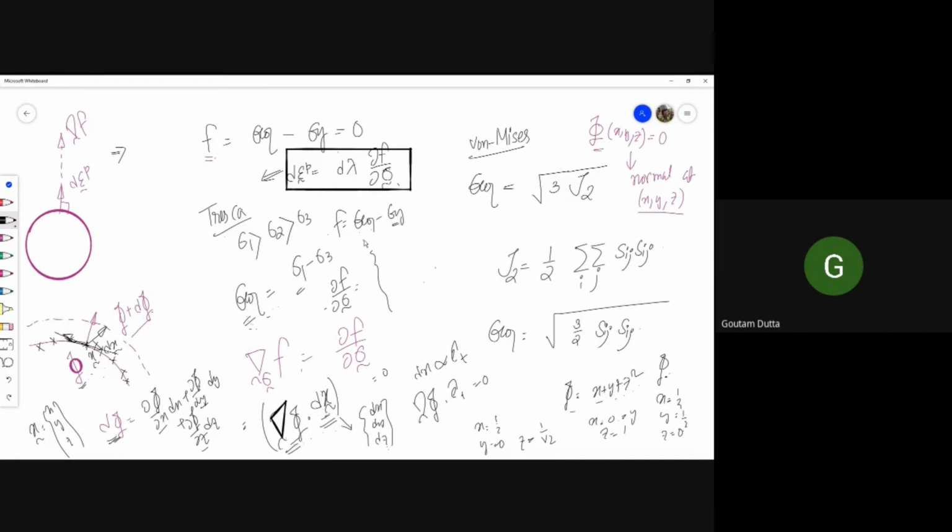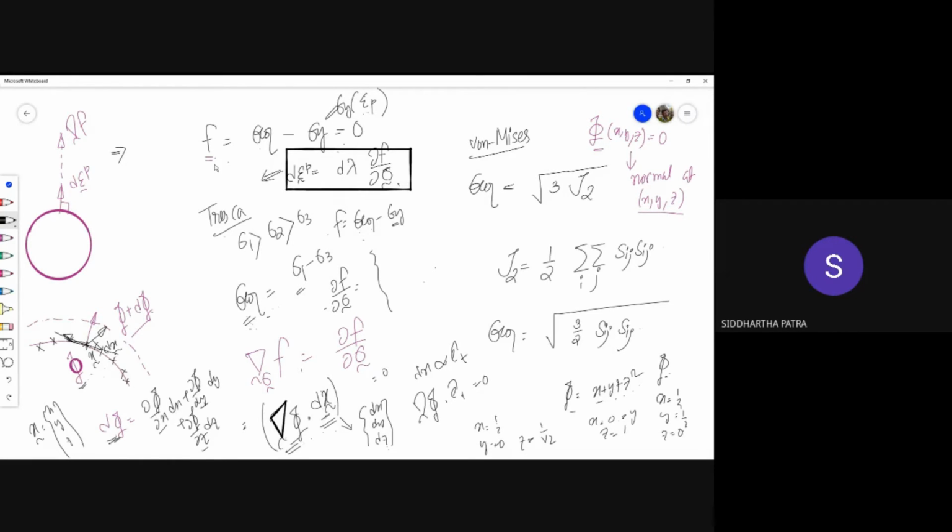I'm trying to get the gradient of f, right? So for the Tresca criteria, for any criteria, f is sigma equivalent minus sigma y. Now this is either a material property or a function of plastic strain, so this is not a function of stress.